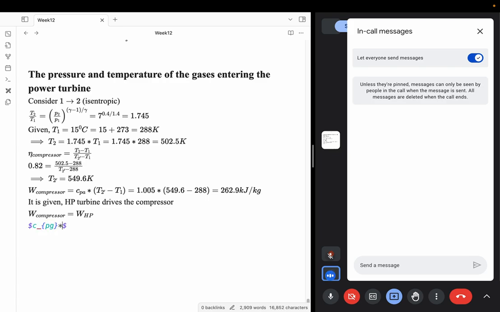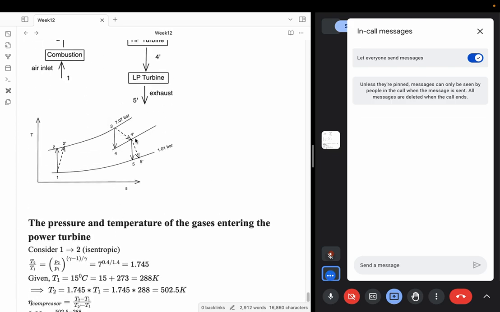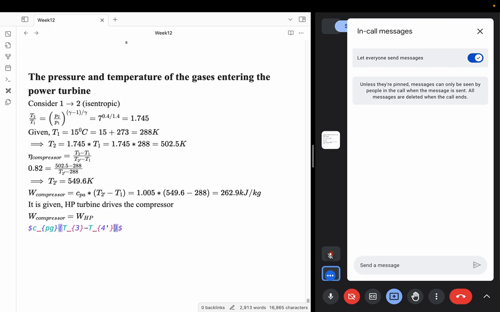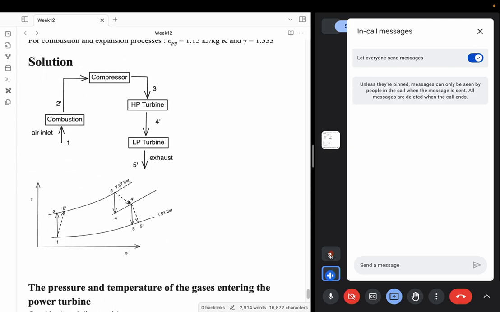So that means we have Cp gas times, for the high pressure turbine, T3 minus T4 prime, should be equal to the work done that we have calculated before, 262.9. Out of T3 and T4, the maximum temperature is reached at point 3.